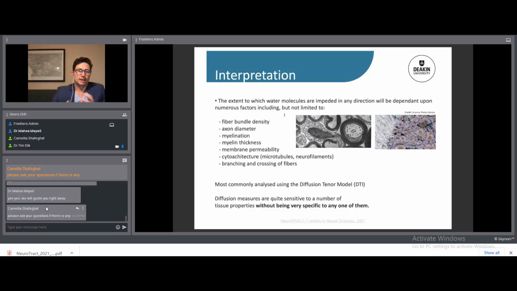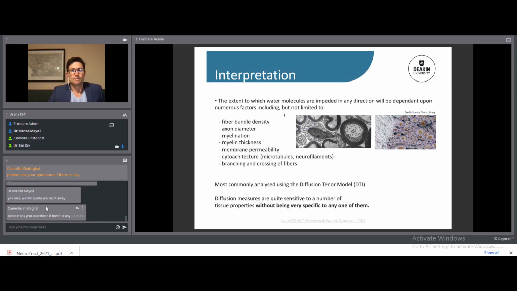So the extent to which water can move around or is impeded is dependent on a number of underlying neurobiological factors. These aren't limited to, but can include things like the fiber bundle density, the axon diameter, whether that axon is myelinated or how thick that myelin is, how permeable the membranes are, cytoarchitectural properties within the axon, as well as macrostructural ones about whether those axons are branching or crossing.